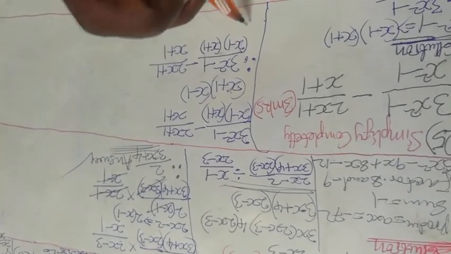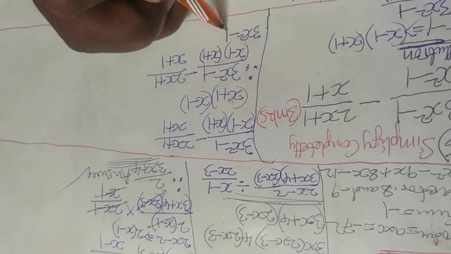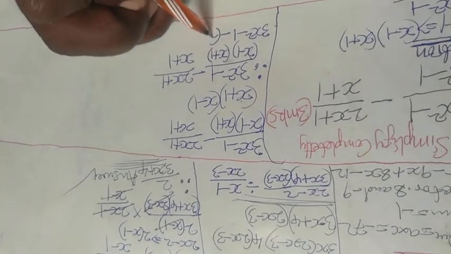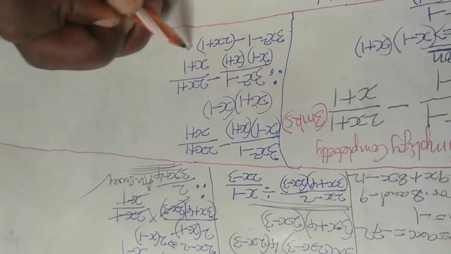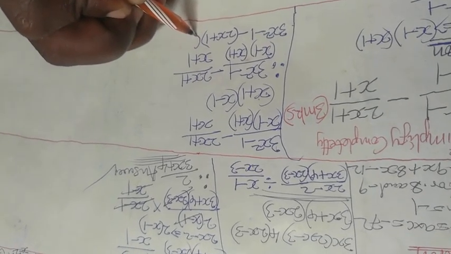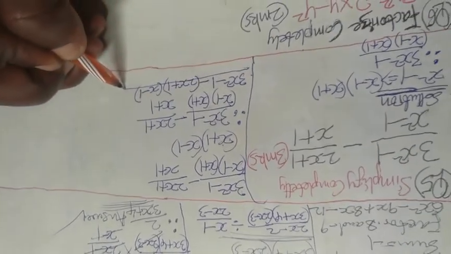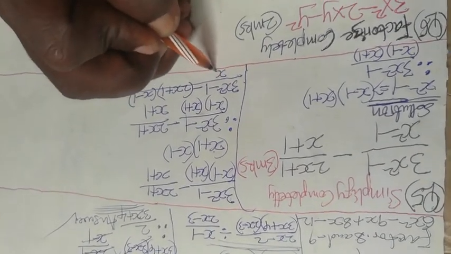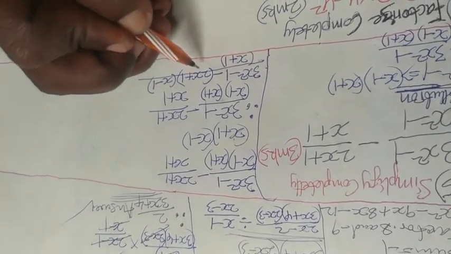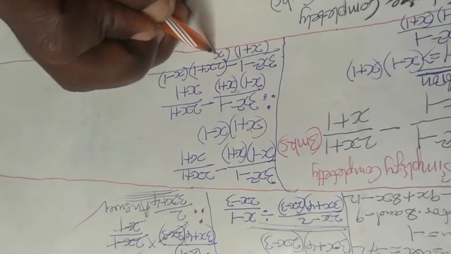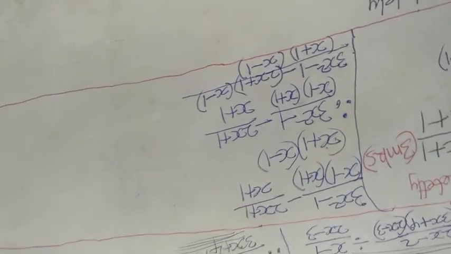This will give us 3x squared minus 1 minus brackets 2x plus 1 into brackets multiplied by x minus 1 into brackets, all over x plus 1 into brackets x minus 1 into brackets.